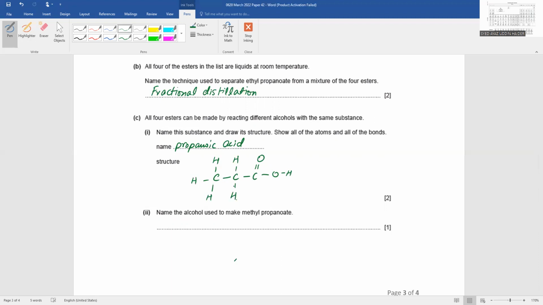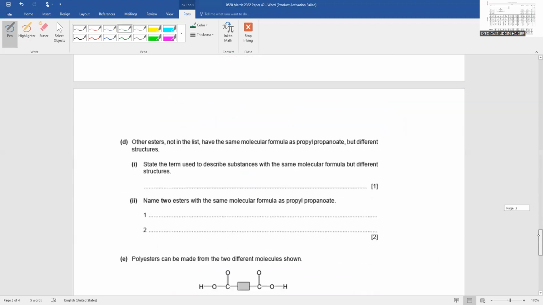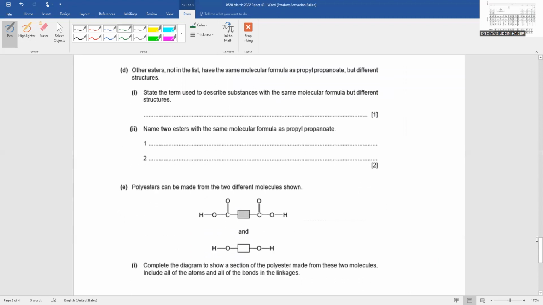Name the alcohol used to make methyl propanoate. Methyl, the alkyl is coming from the alcohol. So we have methanol. Other esters not in the list have the same molecular formula as propyl propanoate, but different structures. State the term used to describe substances with the same molecular formula but different structures.